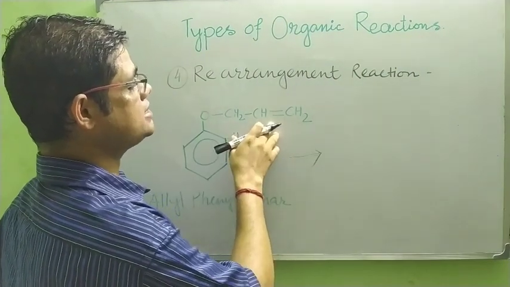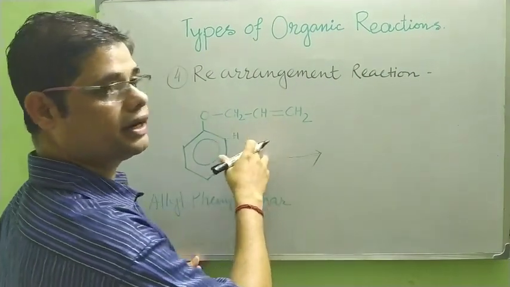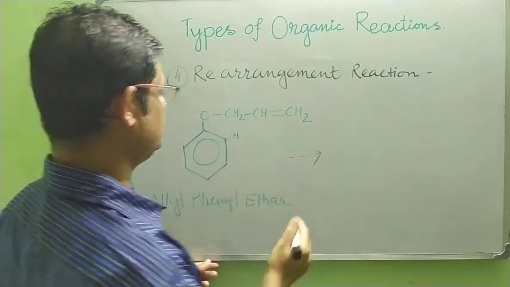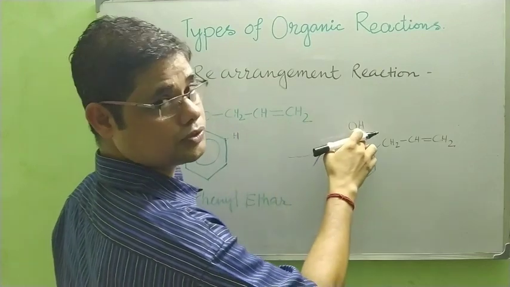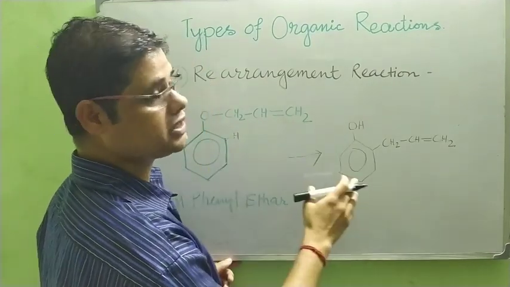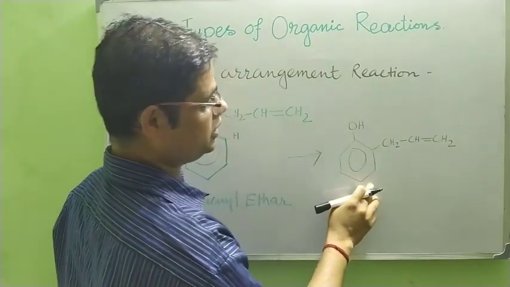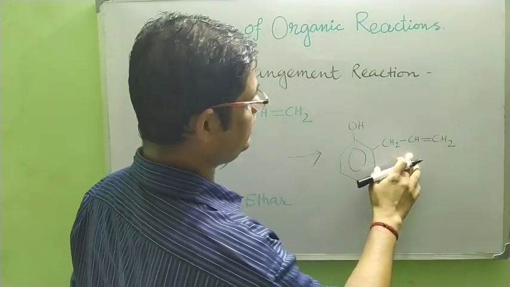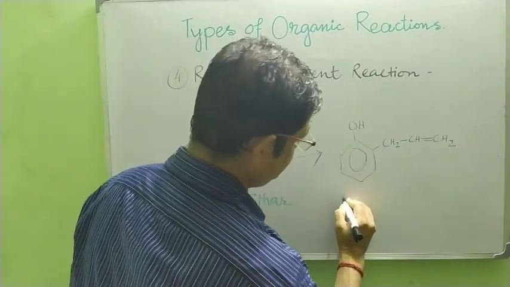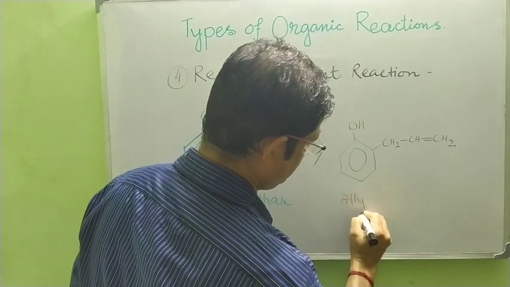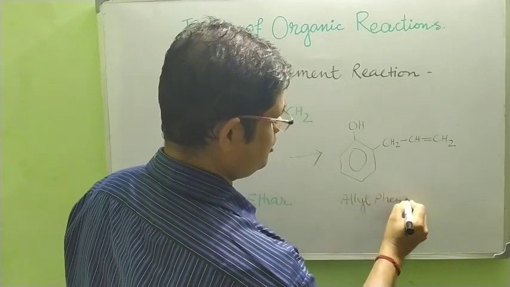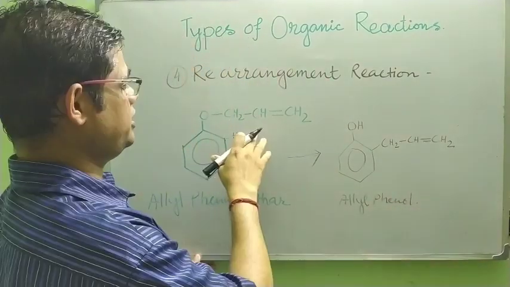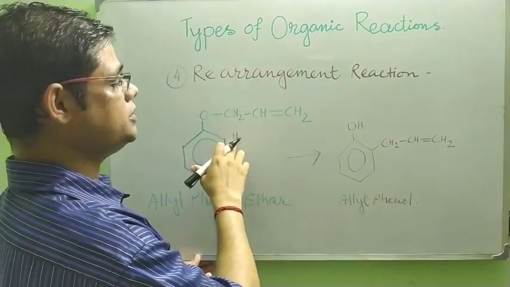Rearrangement of this allyl group takes place. Here alkoxy converts into OH, that is, ether converts into alcohol. It is called allyl phenol. Here the allyl group shifts to this position.